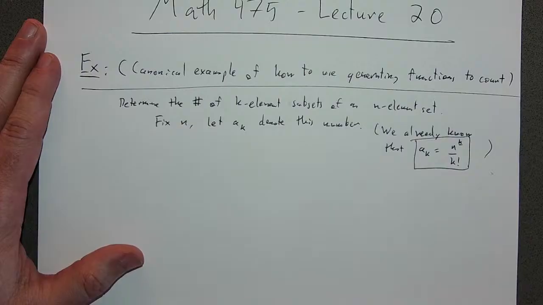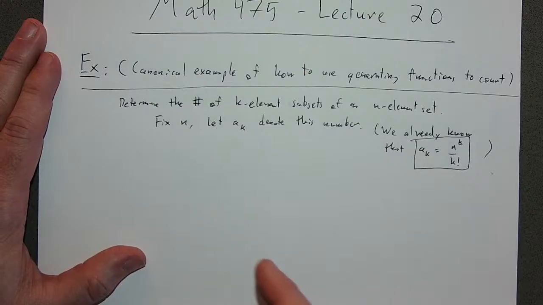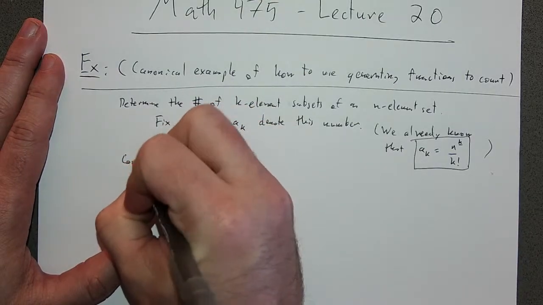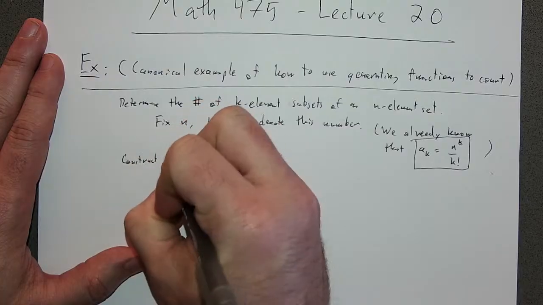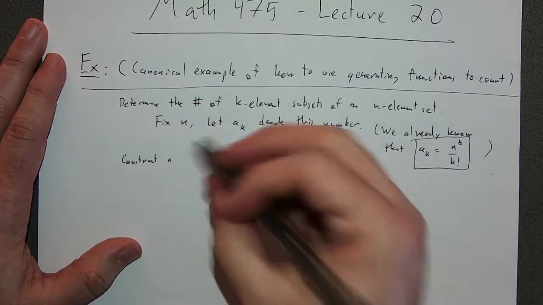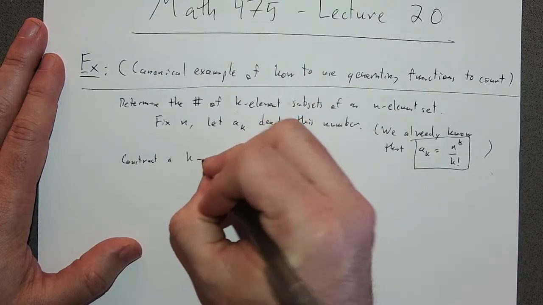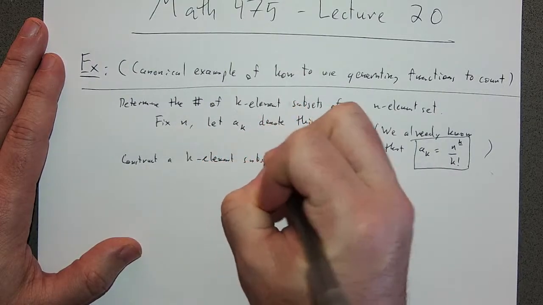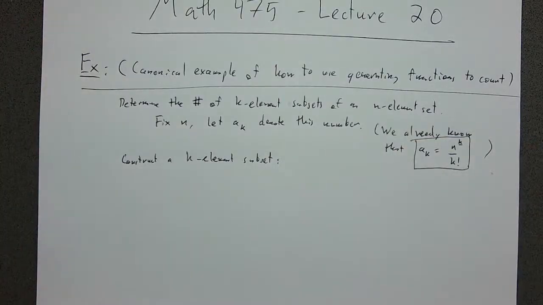So if I'm going to enumerate all these subsets, if I'm going to construct a single one of these, how does that work, right? So construct a k element subset, we'll say. But how do I do this?